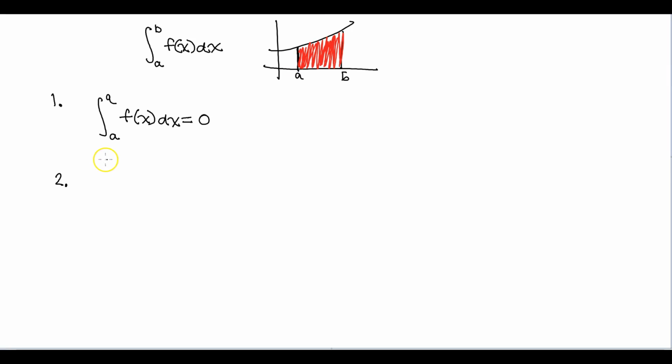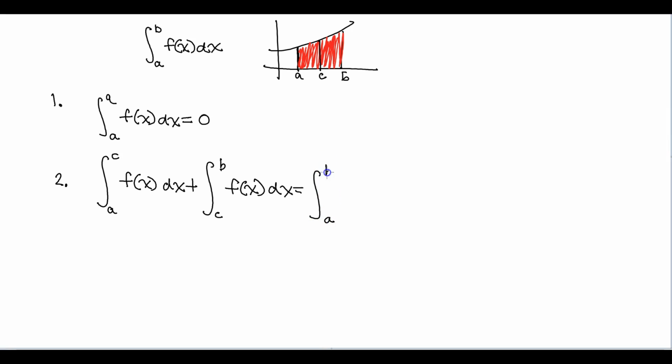Our second property is that if we have a point C such that A is less than C, which is less than B, so C is in our interval, then the integral from a to c of f of x dx plus the integral from c to b of f of x dx equals the integral from a to b.